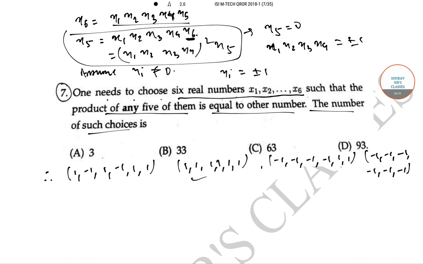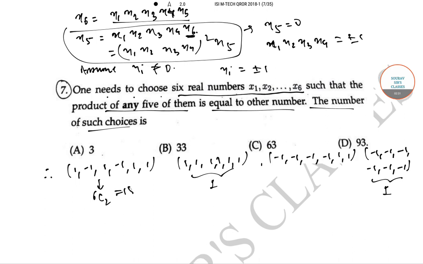Now, this will have just one combination. This will also have just one combination. This will have 6C2, that is equal to 15 combinations, and similarly this will also have 6C2 is equal to 15 combinations. So the total you get is 15 plus 15 plus 1 plus 1, which is 32.